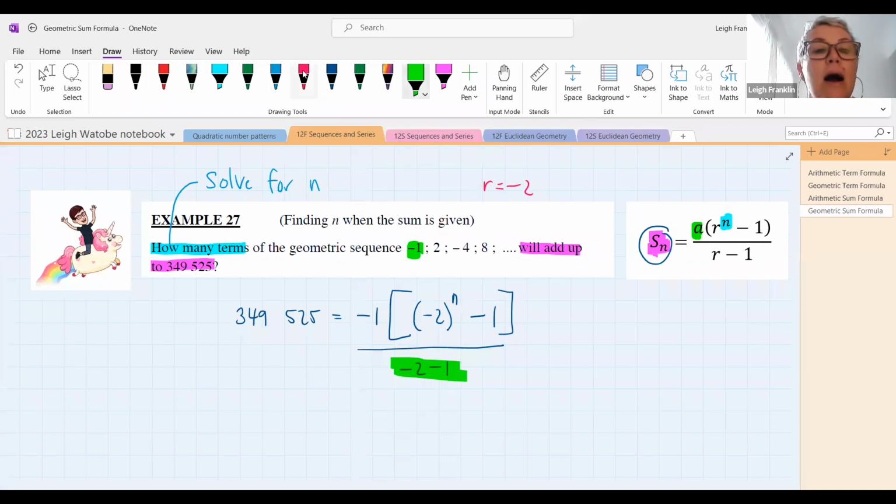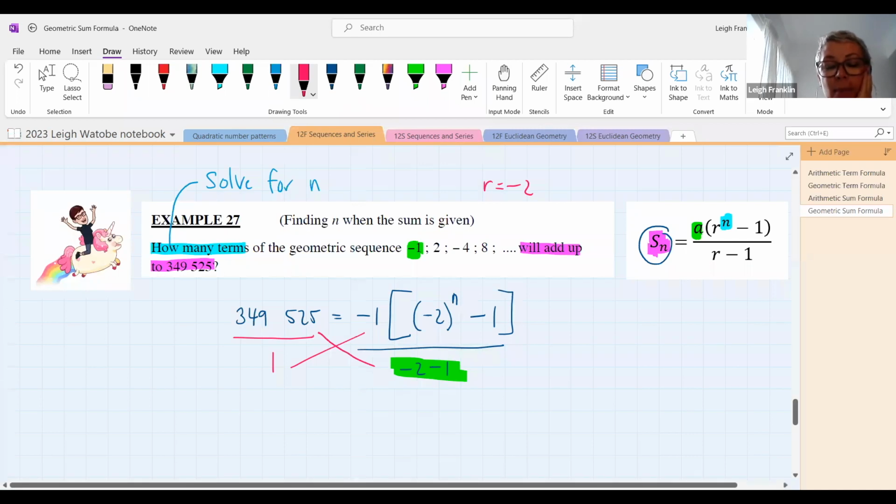So I can look at this like this is over 1, and then I can cross multiply. So in my first line here, I'm taking -3 and I'm multiplying it by 349,525.